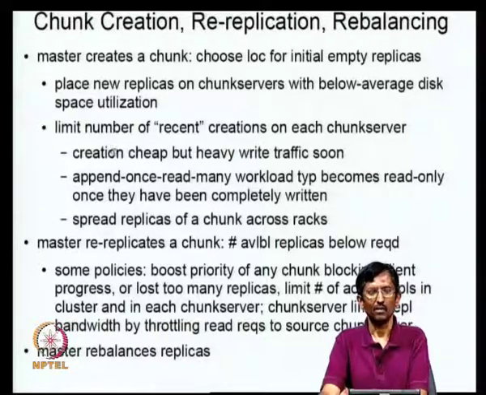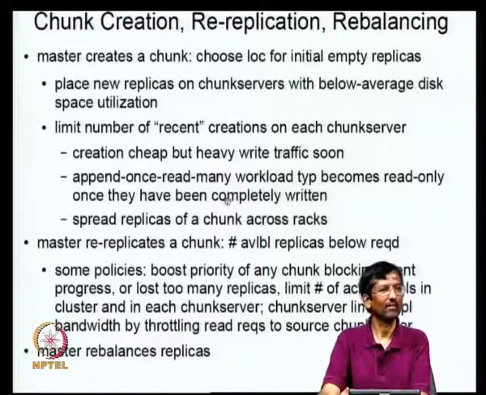The issue is that the creation may be cheap, but if you create too many chunks, right behind it all kinds of write traffic will come. Usually in their system the workload is append once, read many, a typical pattern. And once a chunk has been completely written, it becomes read heavy.